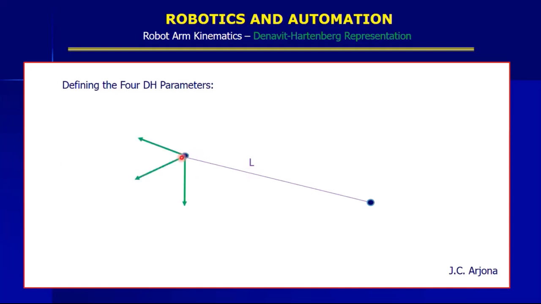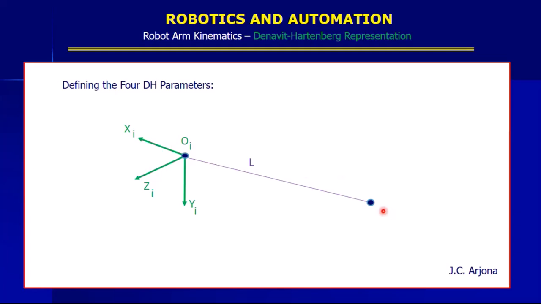In this point, we assume the direction of the frame with respect to X, Y, and Z. So this is assumed to be the current position. We call this one the adjacent frame.